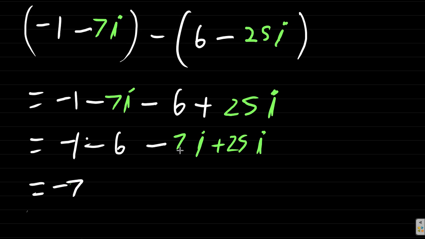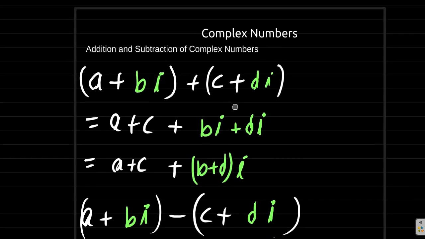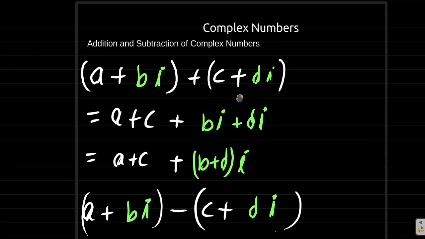And negative 7i plus 25i gives you, well, is going to be plus 18i. Alright? So that was just a look at addition and subtraction of complex numbers.